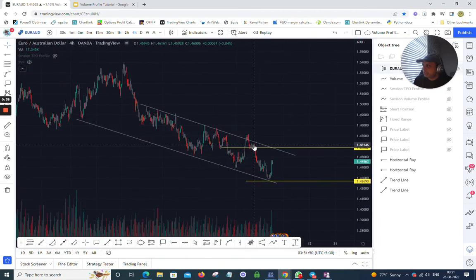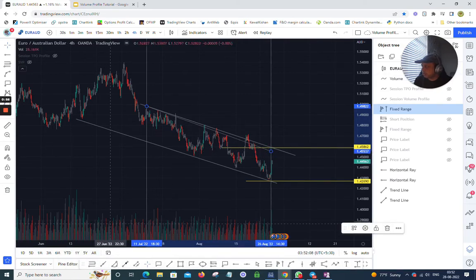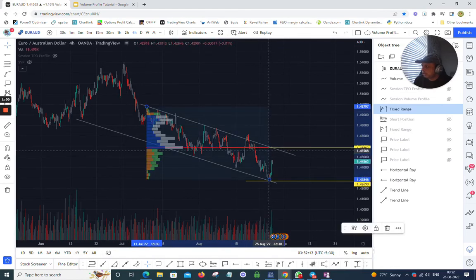For example, say I want to find out what volume was traded at each price point for a period starting here to a period starting here. What this will give me is a profile of what the volume has been. I'll let it happen. Here you go.